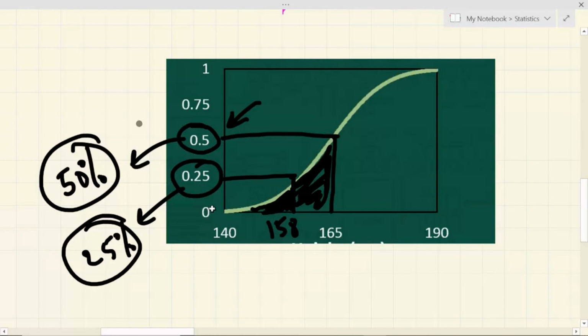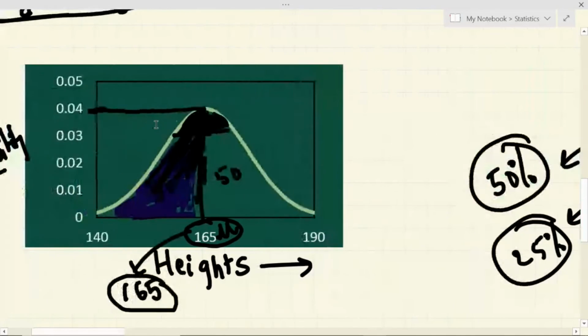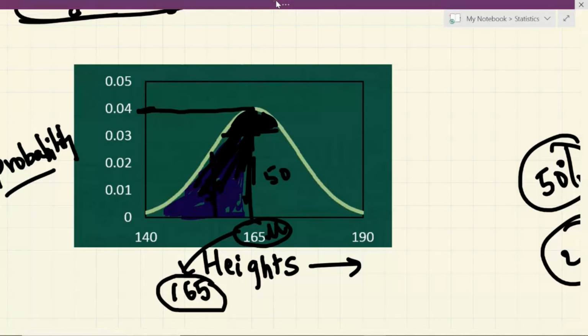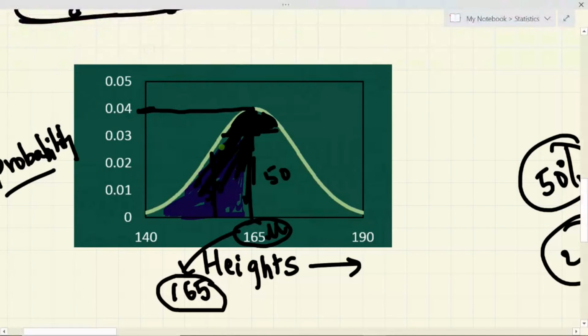So when we consider 158, say for example, 158 is around here, lying somewhere here.